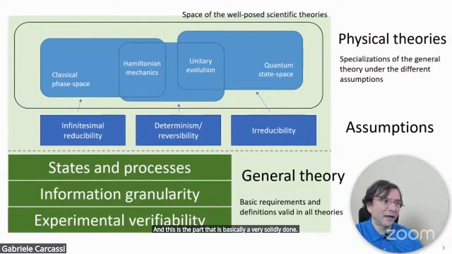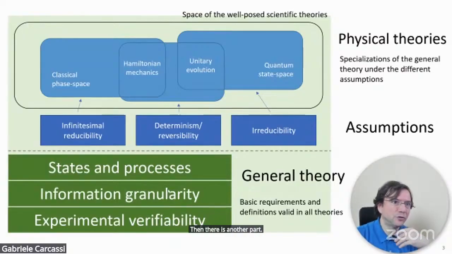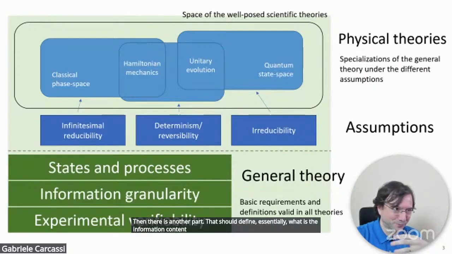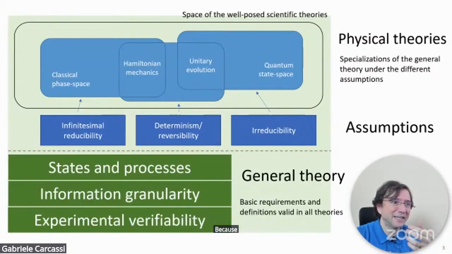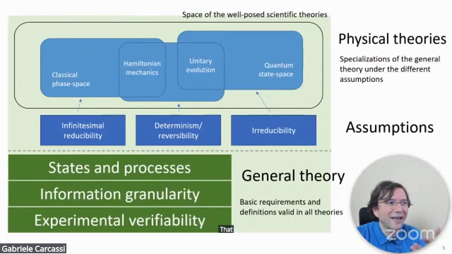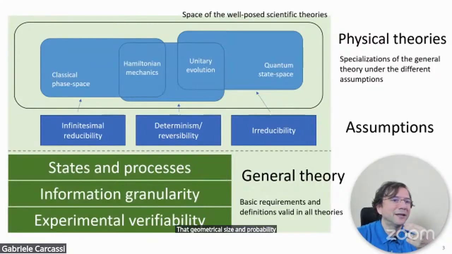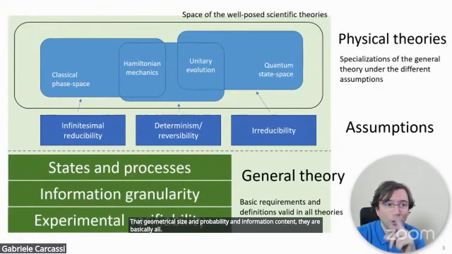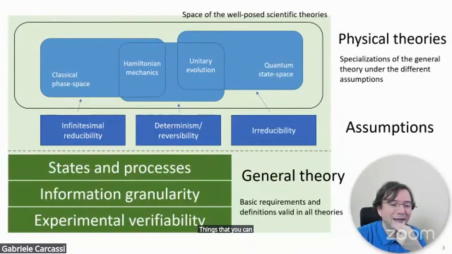Then there is another part that should define essentially what is the information content of the statements, because you can basically show that geometrical size and probability and information content are all things that you can go from one to the other.